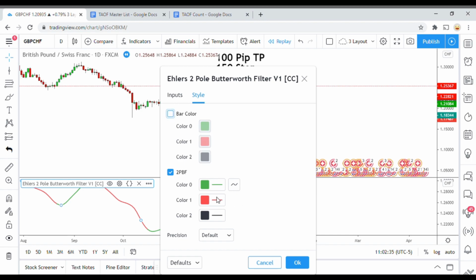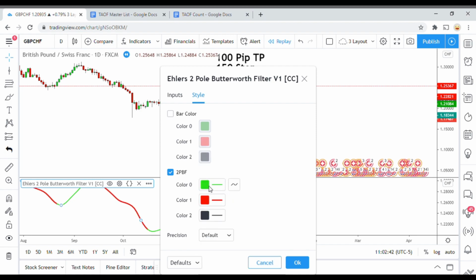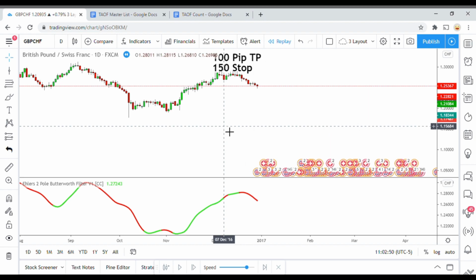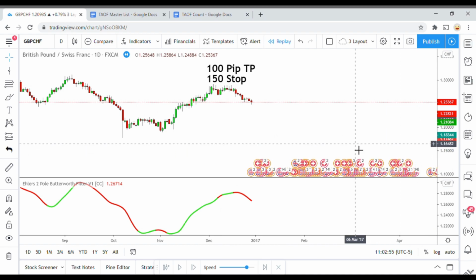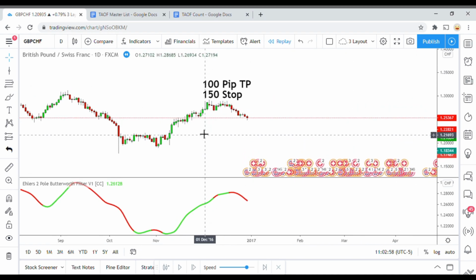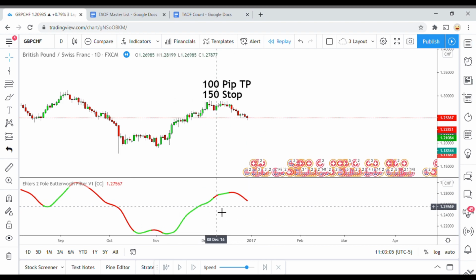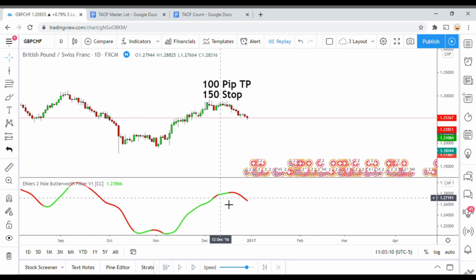I think I might turn off the bar coloring, modify the colors just a tad bit here, and bump up the line weight one notch there, and that gives us a little bit more clarity to see what is happening with price action, candles, and candle colors above, but also allows us to see the oscillating line a little bit more clearly as well.